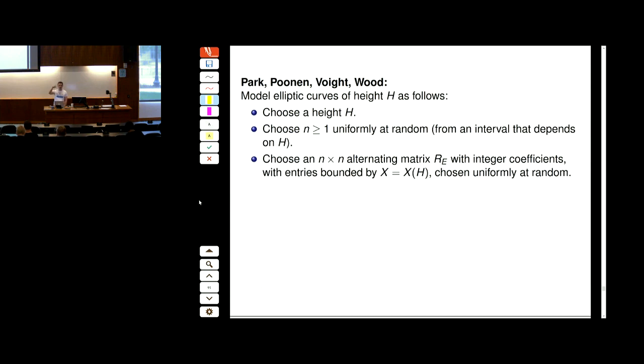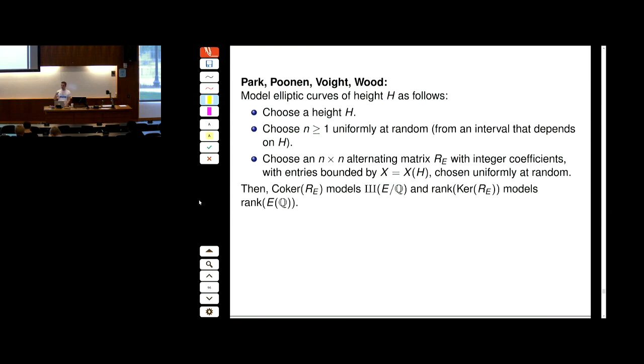Remember, we started with a random model, said let's do Zp modulo relations, and then we said we want a p-group. Well, they are trying to model all of the rank and all of Sha at the same time, not just the p part. So they are looking at matrices with integer coefficients that are alternating, so there is a symplectic structure, and the Cassels-Tate pairing still holds.